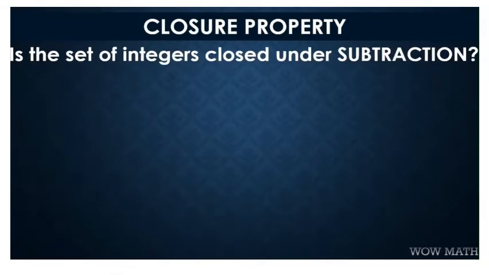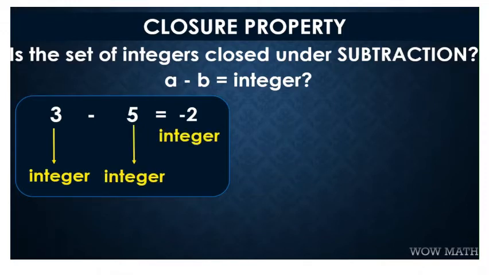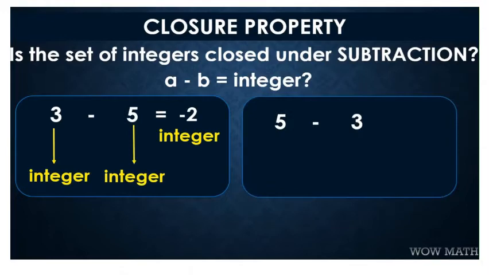Is the set of integers closed under subtraction? If I have a minus b, will the resulting difference also be an integer? Let's see. If I have 3 minus 5 is equal to negative 2. 3 is an integer, 5 is also an integer, and the resulting difference is also an integer. Let's switch them.